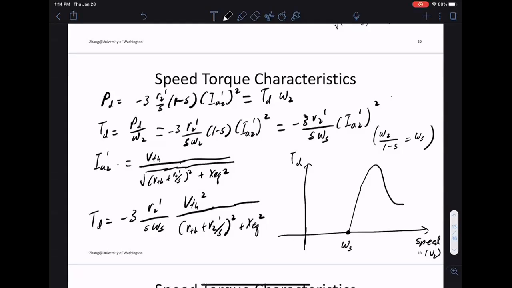As you start from synchronous speed with 0 torque, the torque kicks up fairly quickly. This is because you reduce the influence of this 1 over S squared term. So you reach a maximum. Then the 1 over S term starts to take over and the torque goes down again. So we have a graph that looks like this.